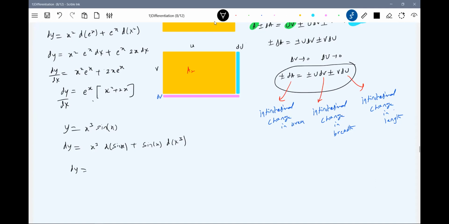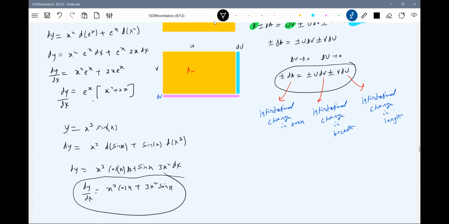Then dy equal to derivative of sine x will be cos x, derivative of x cube, 3x square dx. So therefore dy by dx equal to x cube cos x plus 3x square sine x. Any function you can differentiate here.